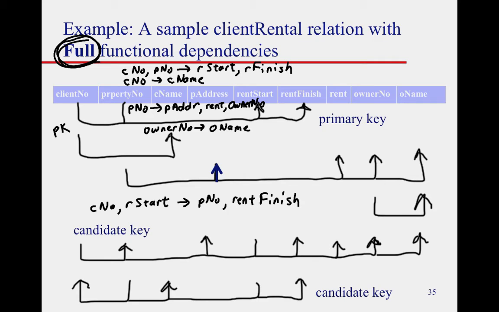Property number and rent start, if we only rent to one client at a time, determines client number and rent finish. They also determine all those other things.